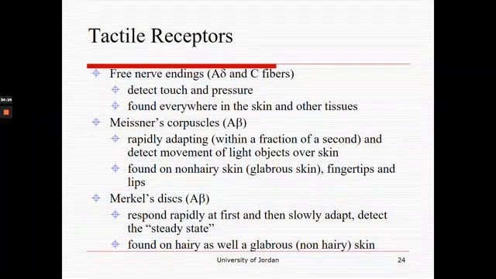Tactile receptors. The tactile receptors, usually they are free nerve endings, and the free nerve endings are connected to the A delta fibers or C fibers. A delta, this is the smallest myelinated fiber. You know A is myelinated. Myelinated fibers are A fibers.